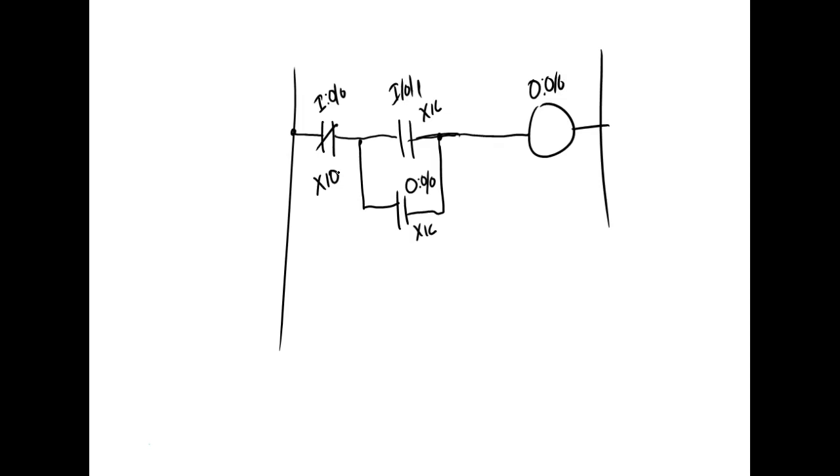Examine if open. So it means this guy right here is true if the switch is open. This says this is true if the contact is closed. Switch, we'll use switch.